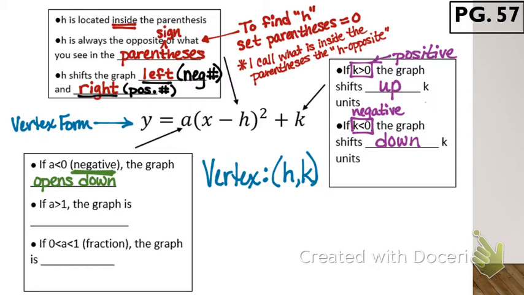If A is bigger than 1, and actually this should have an absolute value around it, so if A is greater than 1, or if A is smaller than -1, then the graph is vertically stretched. It's going to appear narrower or skinnier.